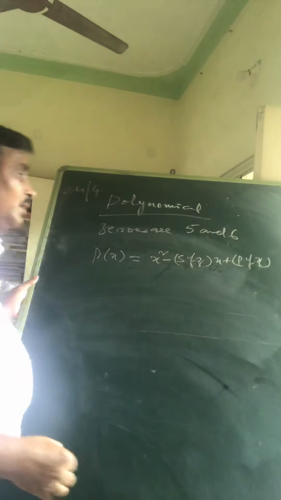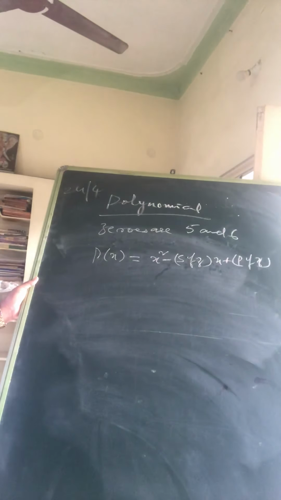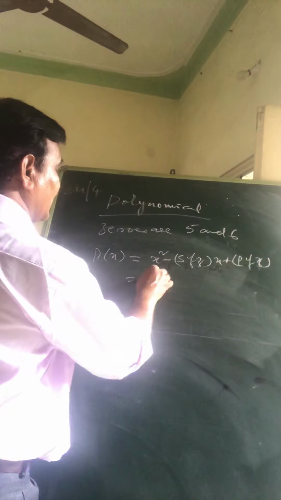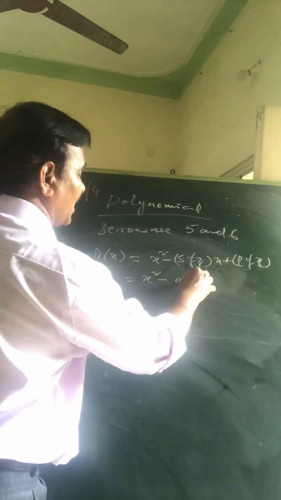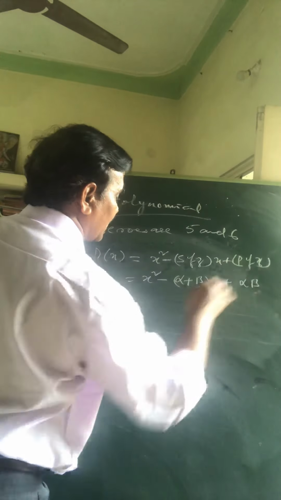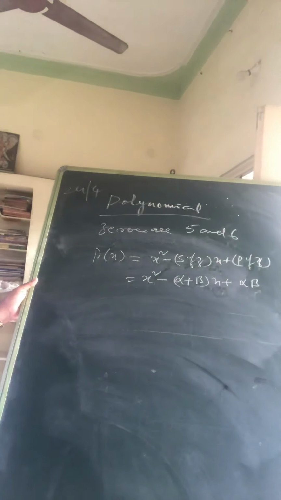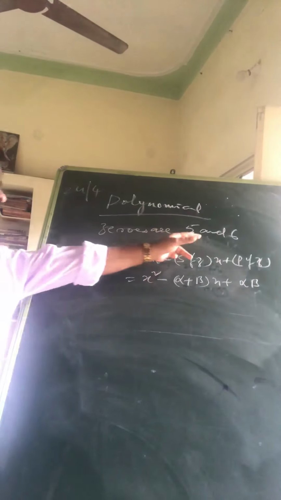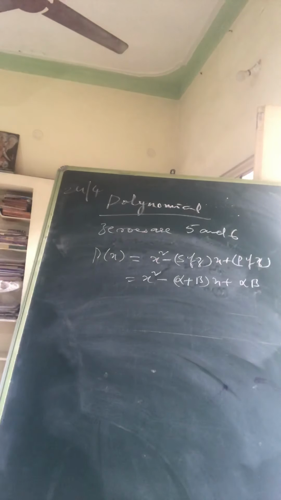If you take the zeros as alpha and beta, we can write it as x square minus (alpha plus beta) x plus alpha beta, where alpha and beta are the zeros. Now here it is already giving the zeros 5 and 6. Let me take 5 as one of the zeros, which is alpha, and 6 as the other zero, which is beta.